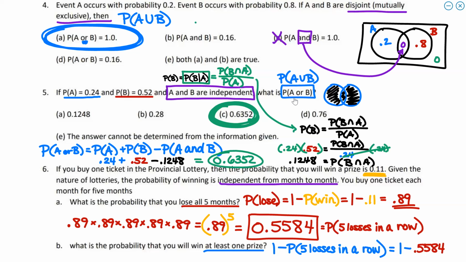Oh my goodness. I don't like my new program because I haven't had time to learn how to use it yet. Whatever. You said it's 0.4416. I don't even have room to write it there. So that would be my final answer for part B, 0.4416.